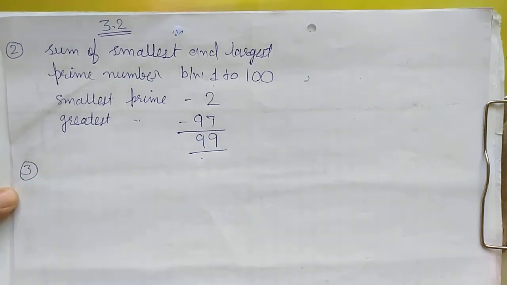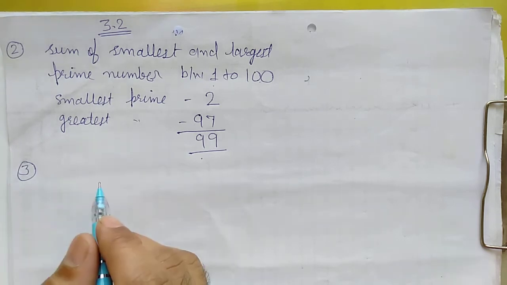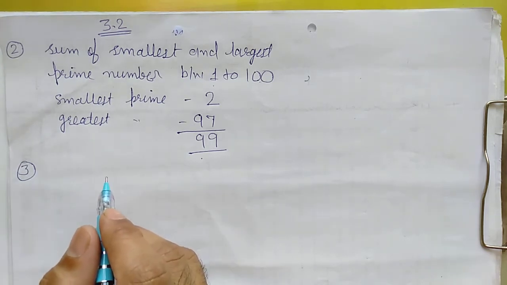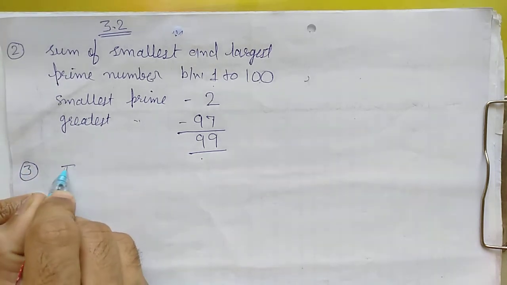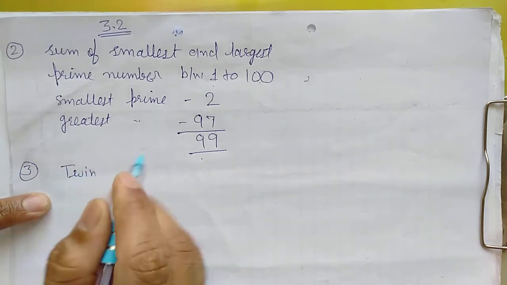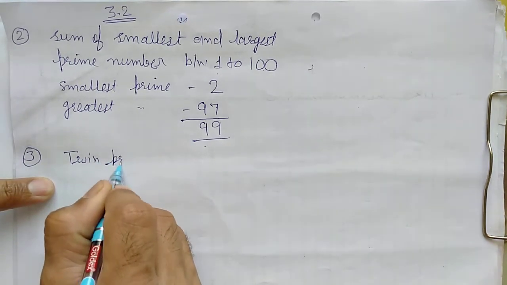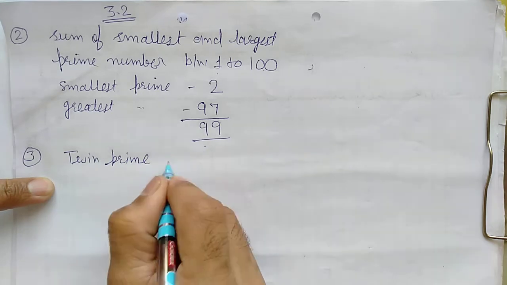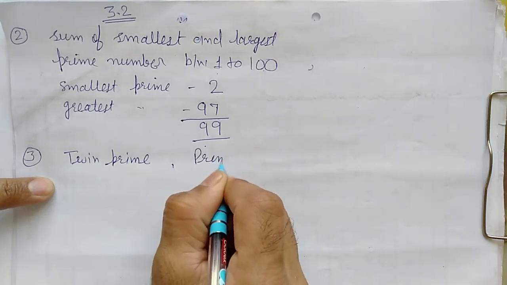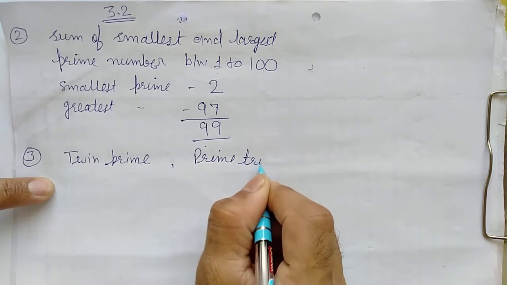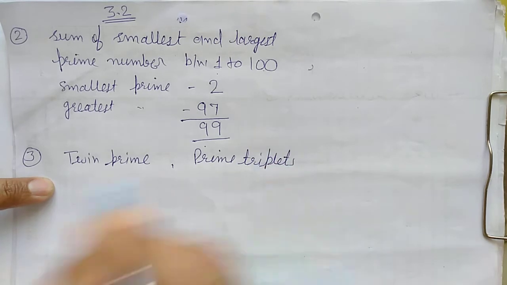Number 3 is write 5 pairs of twin primes. In this one, twin primes are asked. So first we will understand what are twin primes and what are prime triplets.